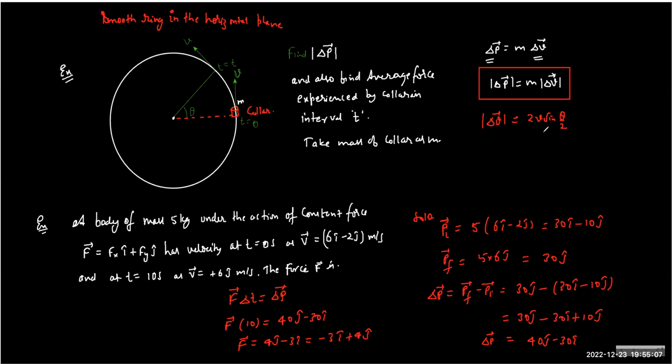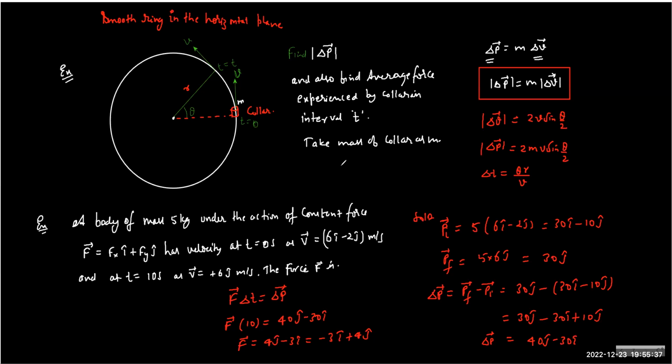So delta v we write as modulus 2v sine theta by 2. Theta is the angle turned, and therefore delta p we can write as modulus 2mv sine theta by 2. Just multiply with m. And delta t, if I call the radius r, is theta r, the arc length, upon speed.